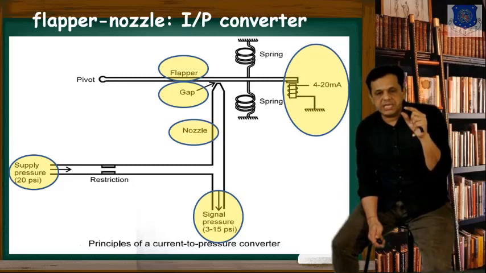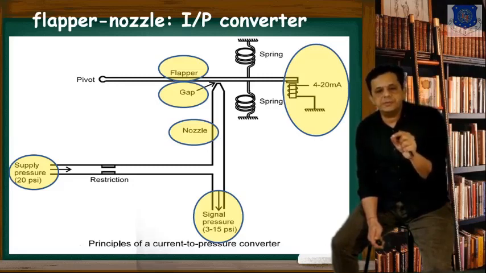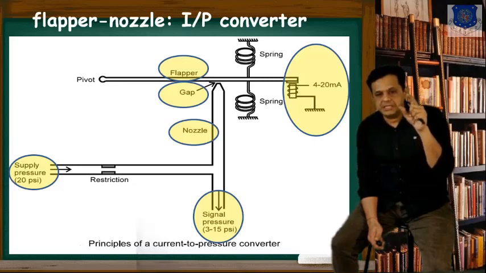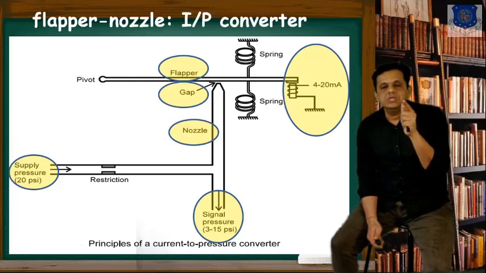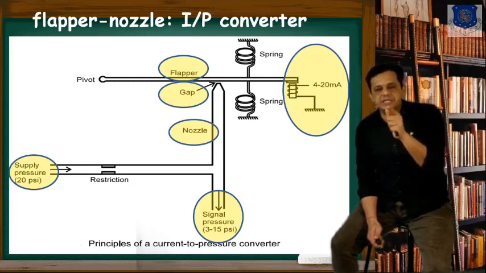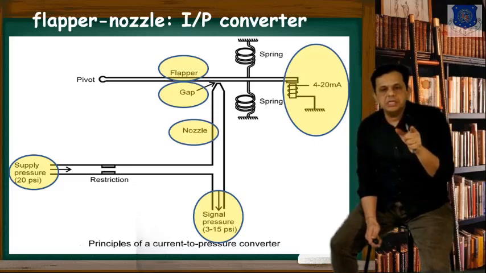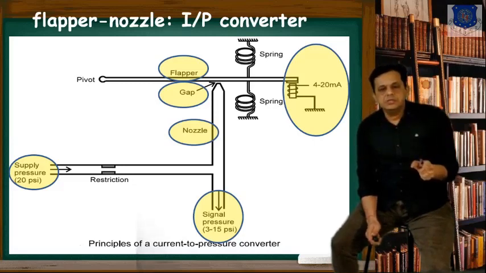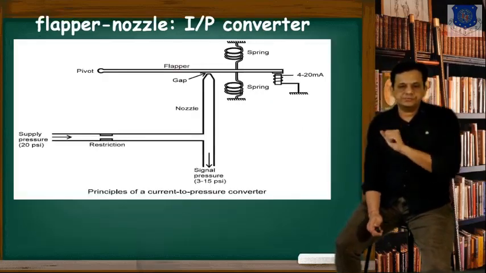If the gap is smaller, the signal pressure will be higher. If the gap is larger, the signal pressure will be lower. So that gap is due to the electromagnetic activity, and it represents the amount of current in terms of signal pressure.